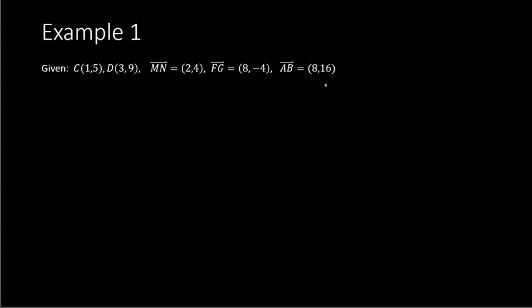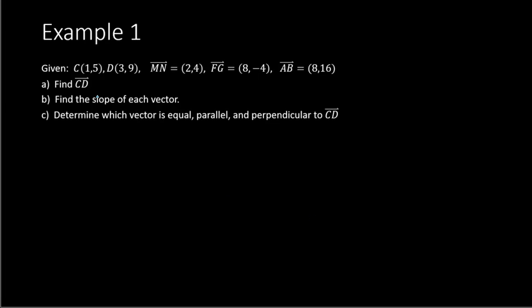This example has multiple parts, and we're trying to put everything together, so we're getting some review of the different concepts we've talked about. Here, we're trying to find vector CD, and then we are also finding the slope of each vector. And then from the slopes, we are determining which vector is equal, parallel, and perpendicular to vector CD.